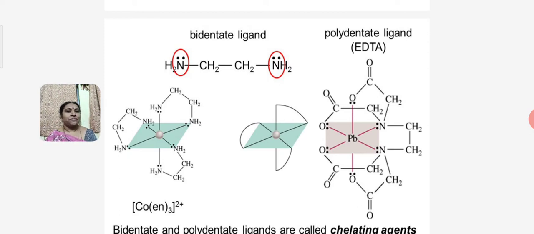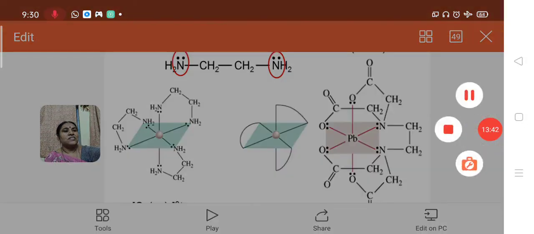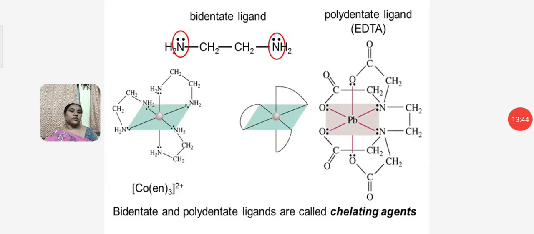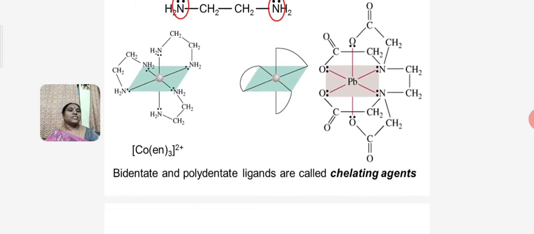And in case of a polydentate ligand like EDTA, you can see in this complex, EDTA in this complex forms a ring around the central metal ion. Such complexes are called as chelate complexes, and such ligands are called as chelating agents.